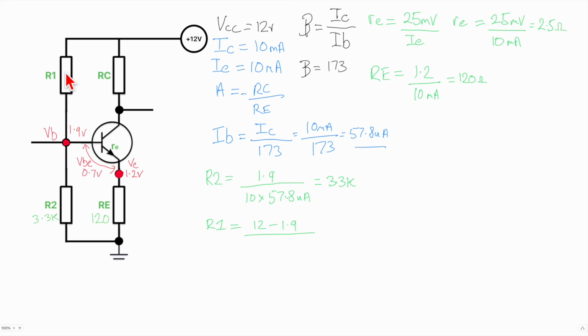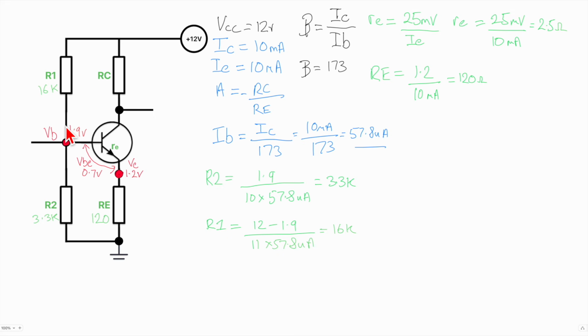So this one sees the actual base current as well. So this one we're calculating 11 times the base current. That will be 11 times 57.8 microamps, and that comes out to, we'll call it, 16k, which is the nearest resistor. So that's why I put a 16 kilo ohm resistor in R1.